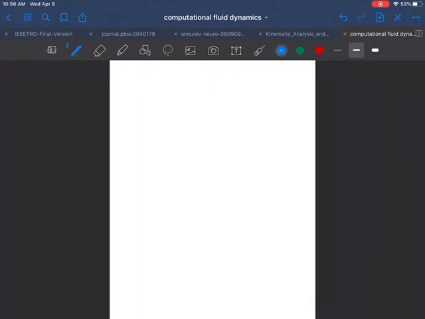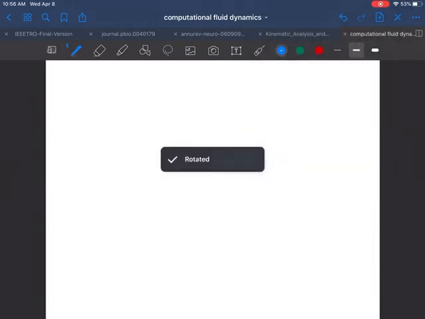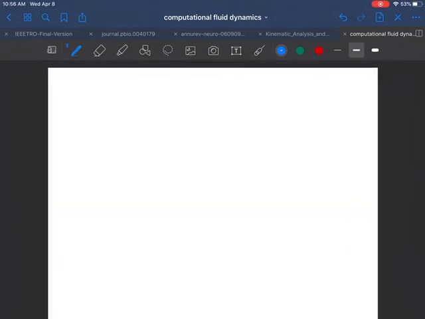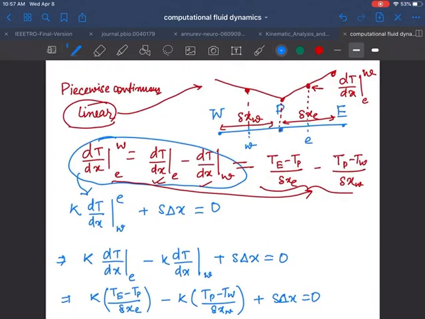We can write this equation in another form as well. So far we have considered that these K's are constant, but for the sake of more generality, we can write this K at E face as Ke and this K as Kw.